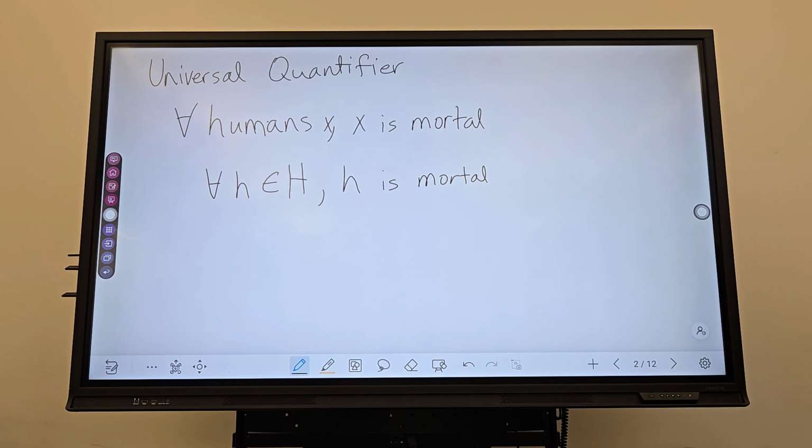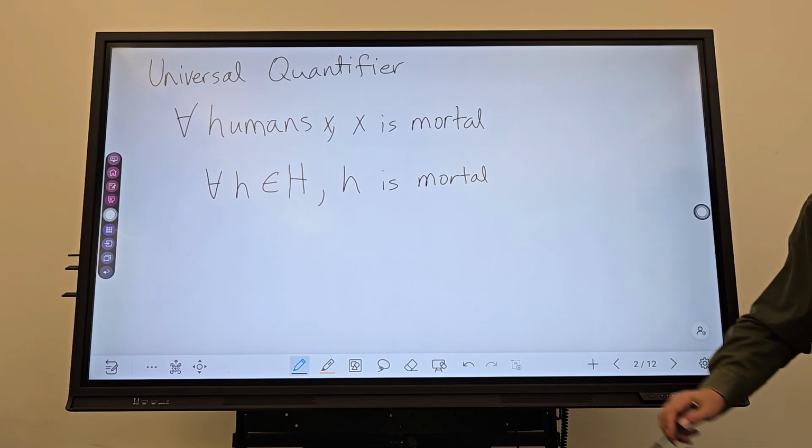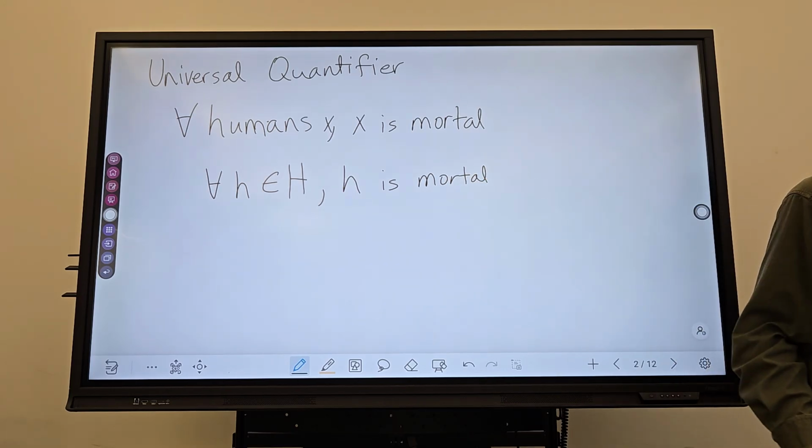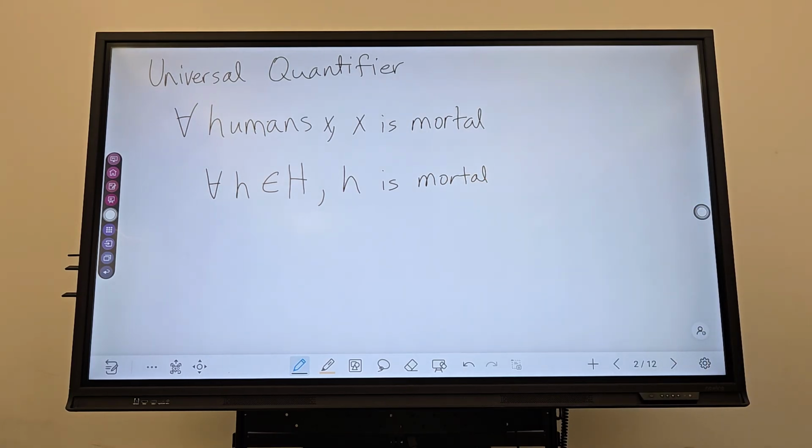A universal statement is a statement of the form for all x element of D, Q of x. It is defined to be true if and only if Q of x is true for each individual x in D. It is defined to be false if and only if Q of x is false for at least one x in D. The value of x for which Q of x is false is called a counterexample to the universal statement.